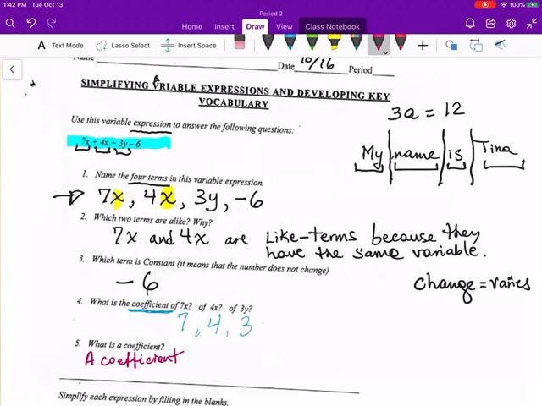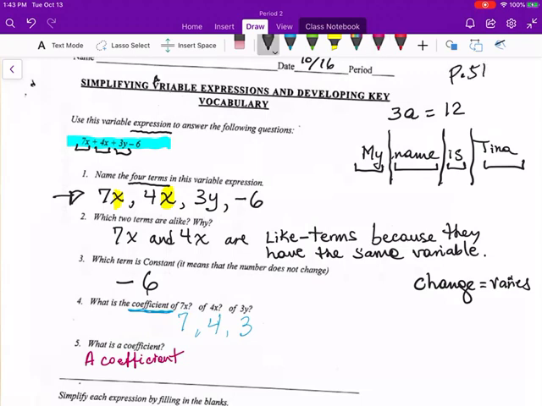We are on page 51. I'm going to write it down here.